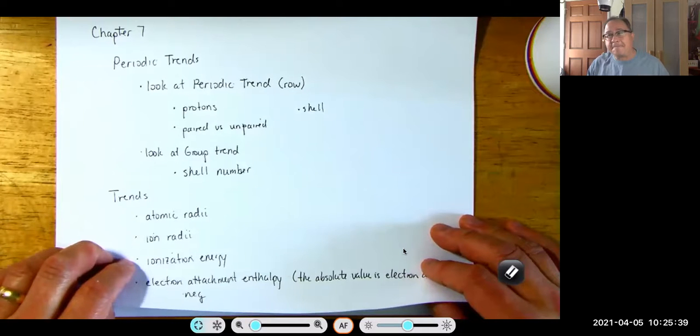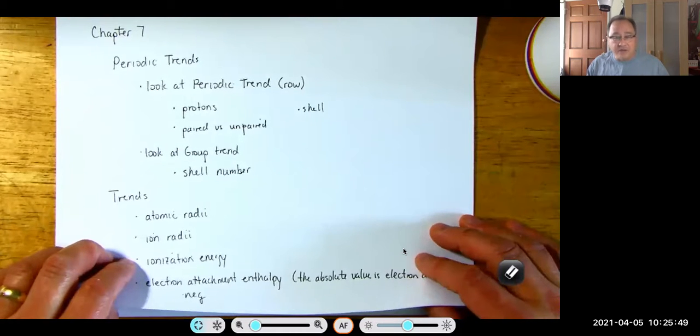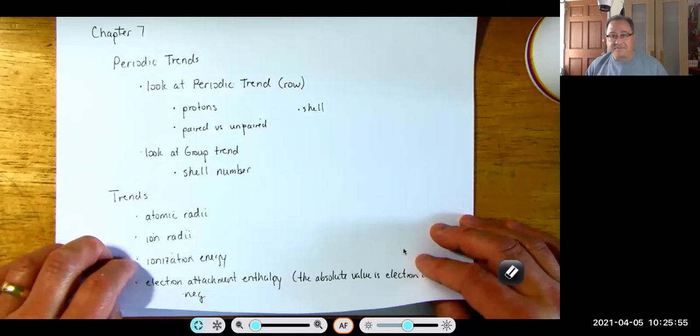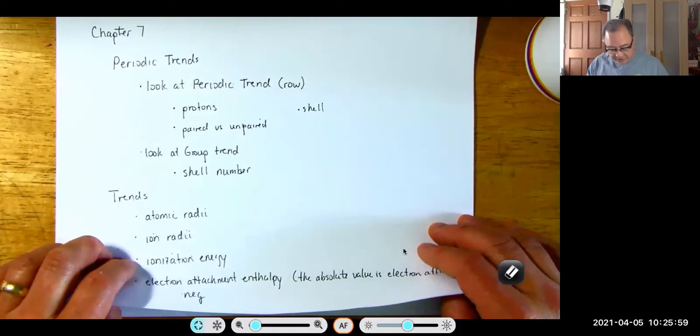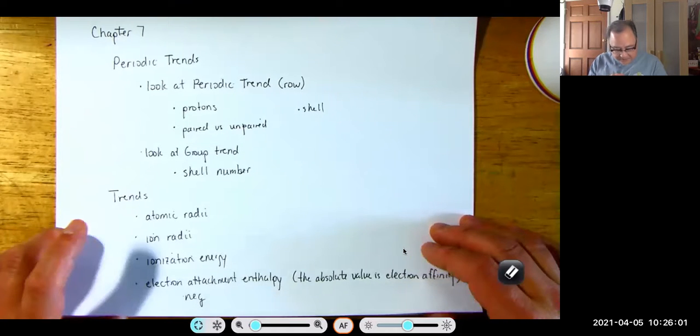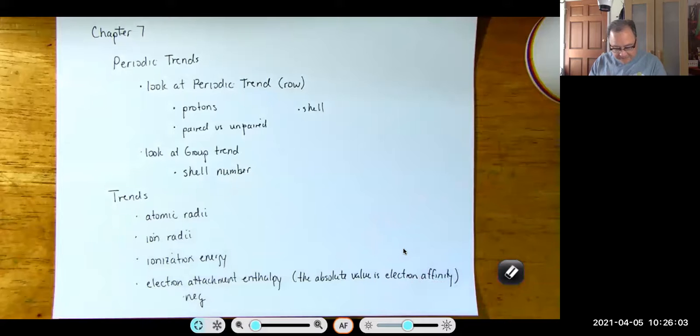It's kind of like a percent error. For percent error, I like positive and I like negative, because positive percent error means your value was too large, and negative means your value was too small. Pretty simple, but informative. Okay, so I think these are the big ones from chapter 7, if I remember correctly.